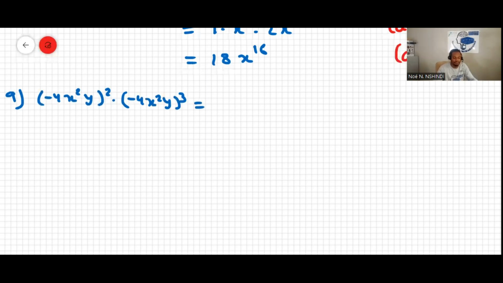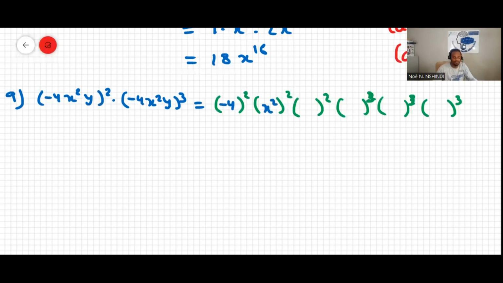I will write it like negative 4 to the power of 2, x to the power of 2, y to the power of 2, and negative 4 to the power of 3, x squared to the power of 3, and y to the power of 3. Now I can substitute: negative 4 raised to the power of 2, x squared raised to the power of 2, y raised to the power of 2, negative 4 to the power of 3, x squared to the power of 3, and then y to the power of 3.